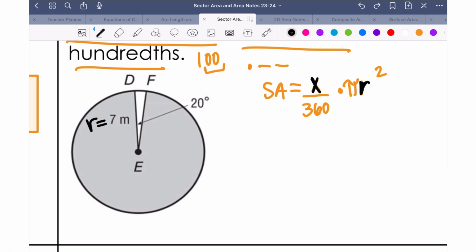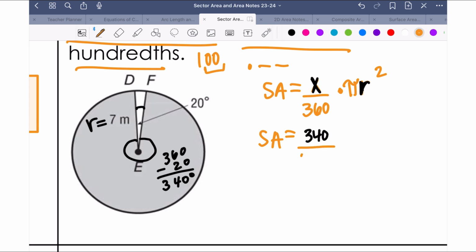If you know this is 20, I need to find this part. We're going to take away 20 from 360, which is 340. So this shaded area is 340 degrees. All right, let's go to our formula and plug it in. Out of the 360, I'm looking at 340 degrees of that circle times pi times your radius.